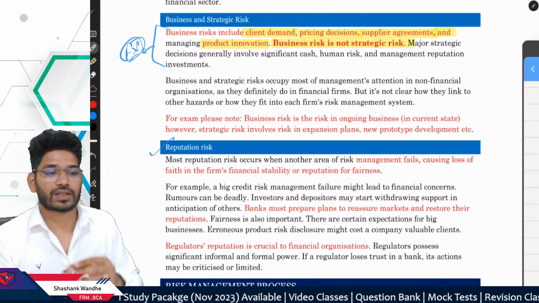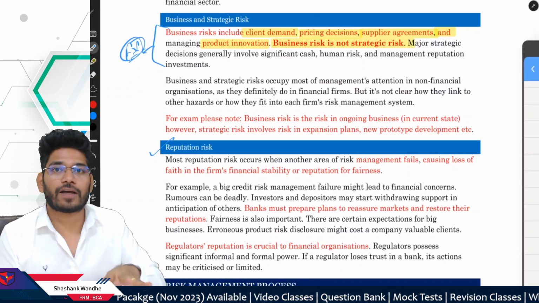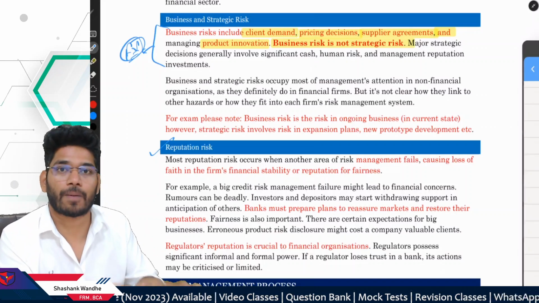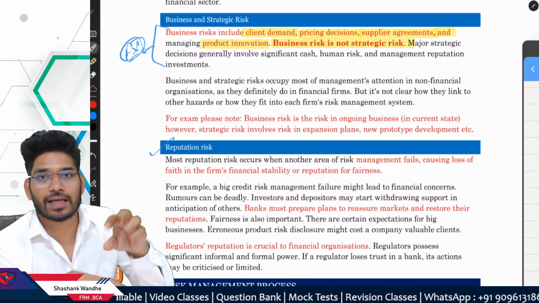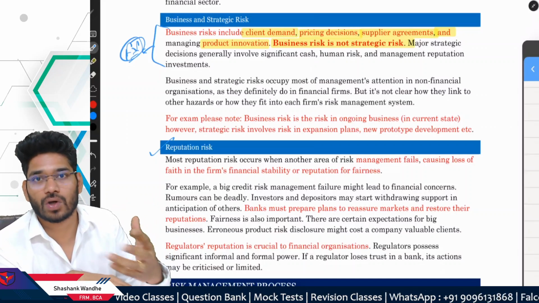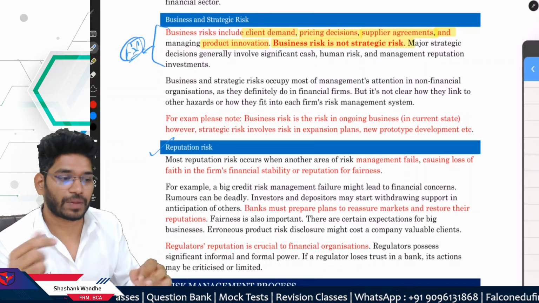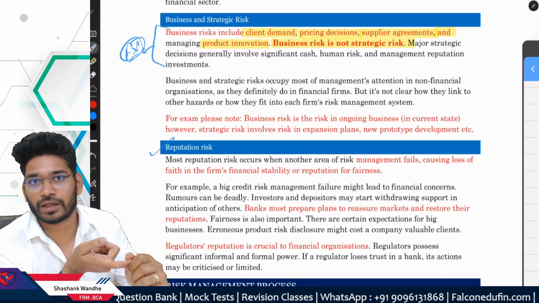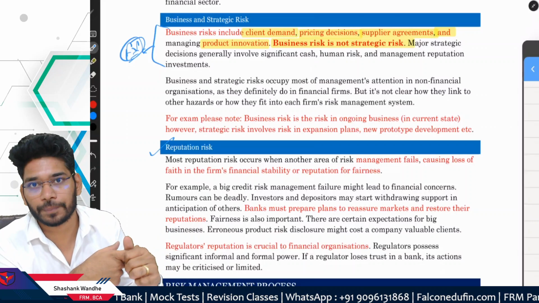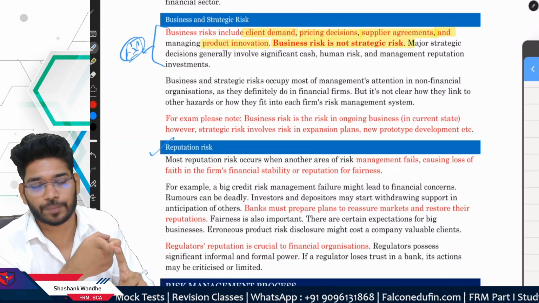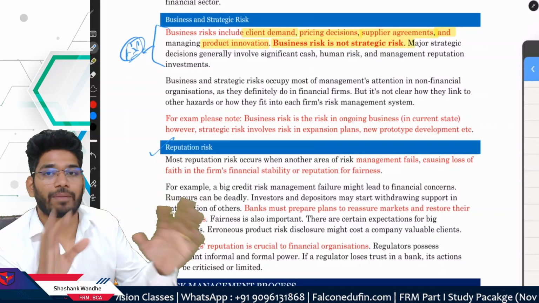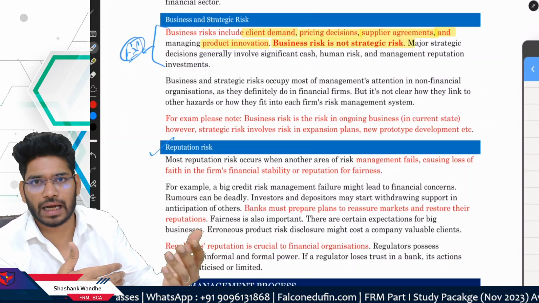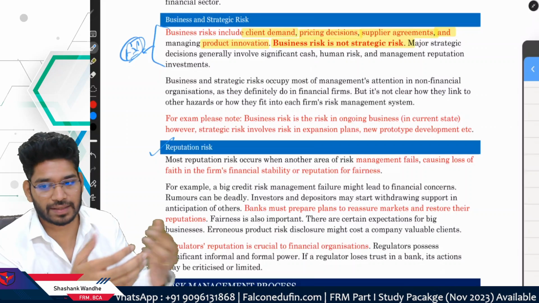Now understand what the business risk is. Whatever your bank is doing in its operations or in business, those things are or may create a source for business risk. Maybe you priced your product in the wrong manner, so you don't have enough demand. This is business risk. Maybe you don't have a good reputation or good connections with the clients. Again, this is business risk.